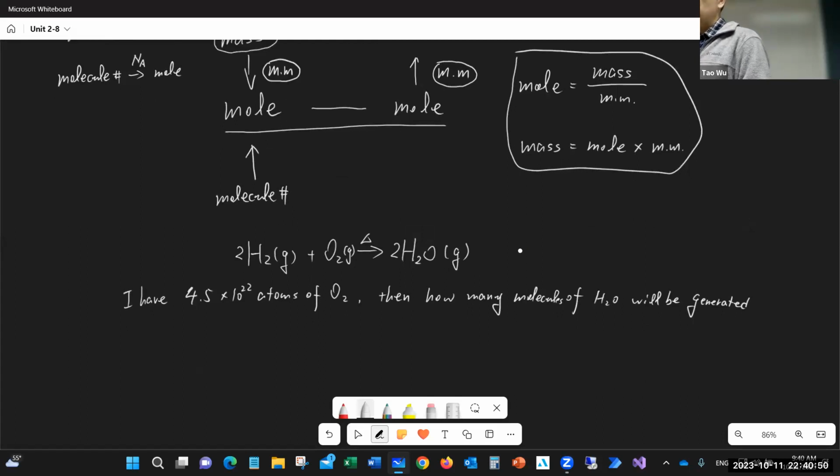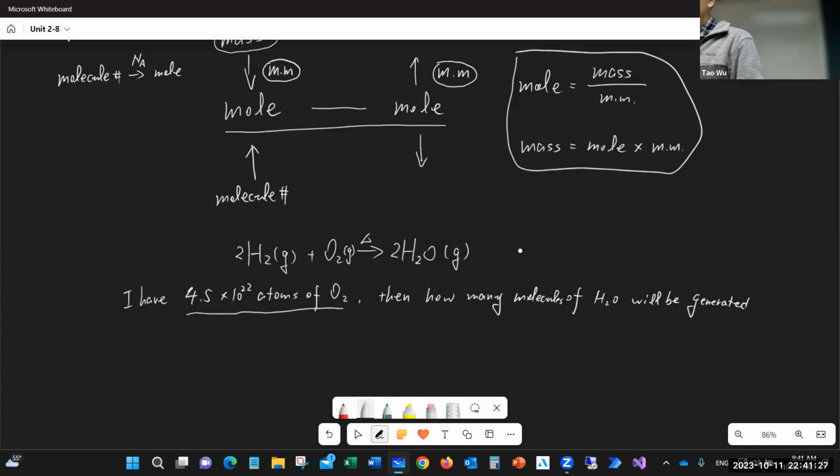So now you see what we have is the atoms of oxygen. And then we ask, how many molecules of water can be generated? Then that's going to be the same thing, right? We're basing on the stoichiometry, the moles of the molecule numbers. You figure out how many moles there are, and use that to find moles of the water molecules, and then figure out how many molecules of that. That's also fine.